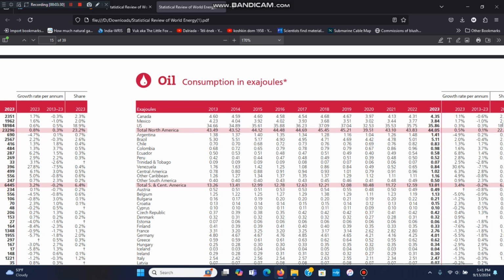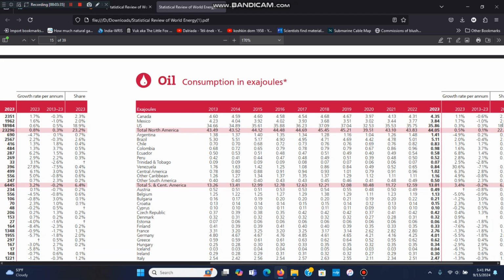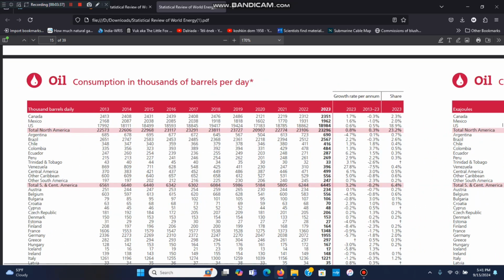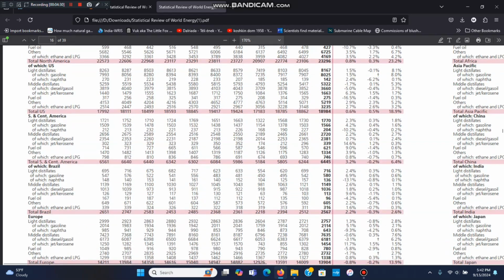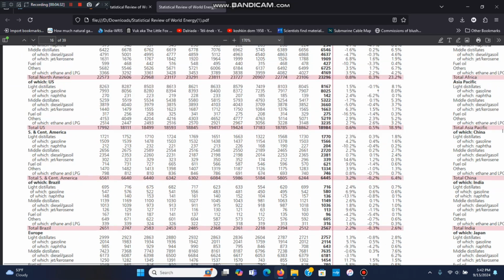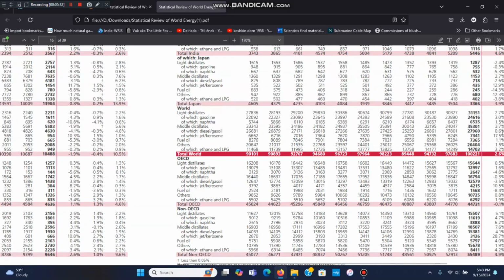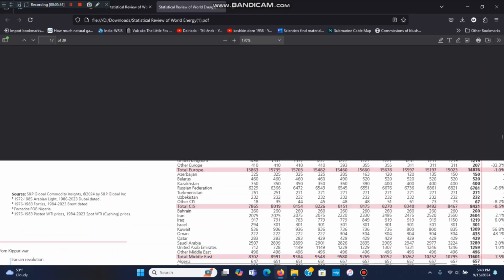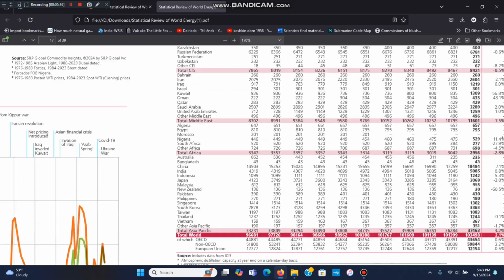And then it also has other random categorizations like measurements in exajoules. Well, no one really measures it in exajoules. Then it has the oil consumption numbers, and then you can see some of the breakdowns by product group for the yearly average. You go down further past everything. They also have refining capacity.